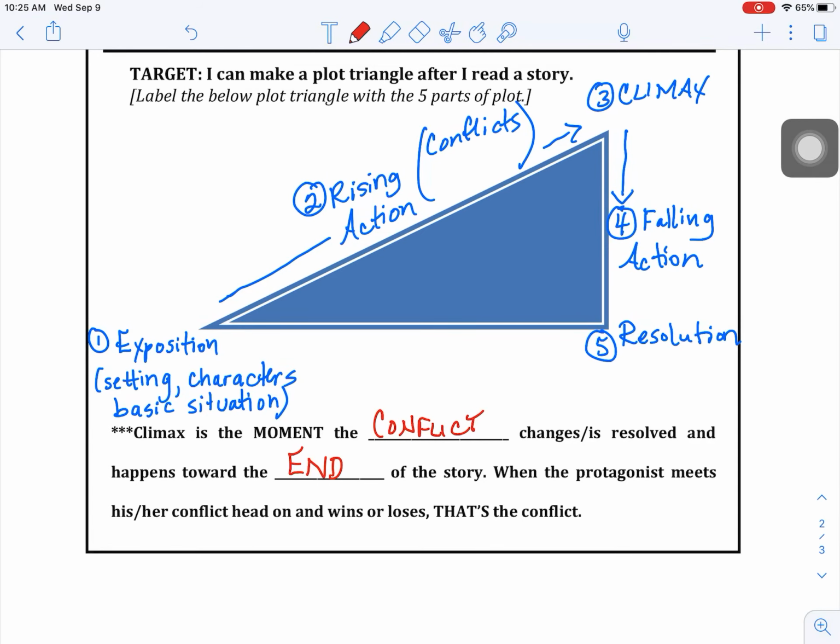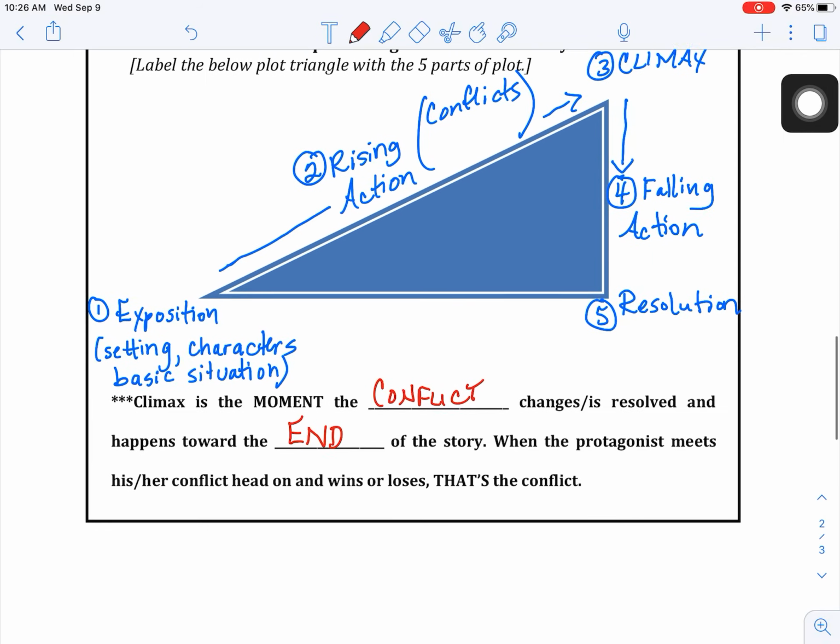The moment Harry Potter and Voldemort come face to face and one of them defeats the other. That's the climax. That's the moment that we get then to your falling action and resolution. And that happens toward the end, not with 20 chapters left or not with an hour and a half left.